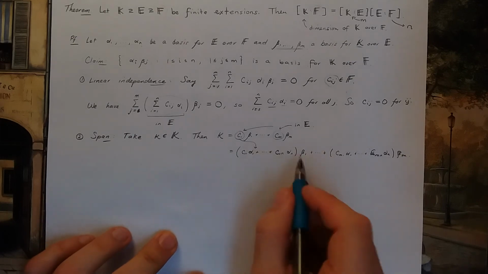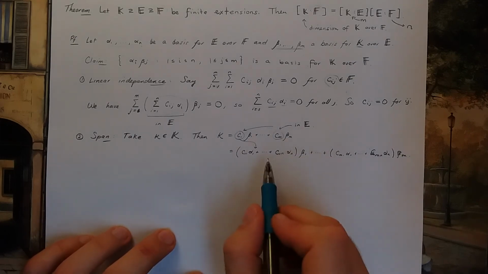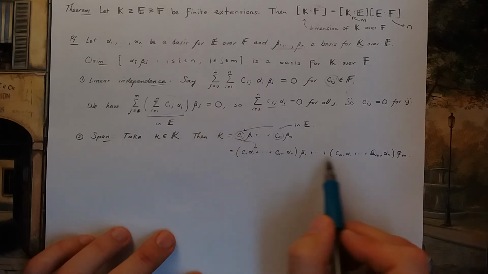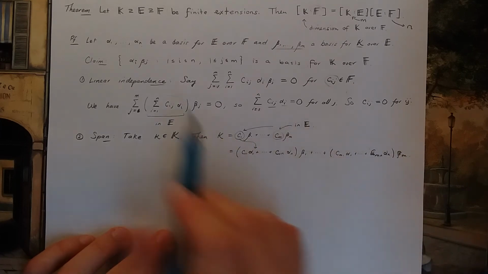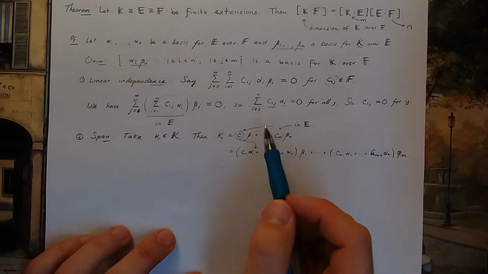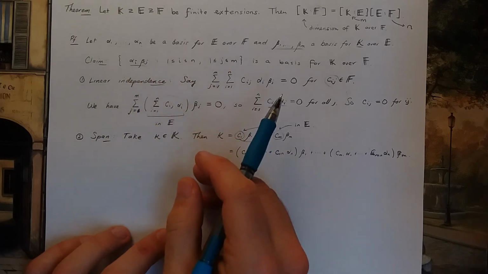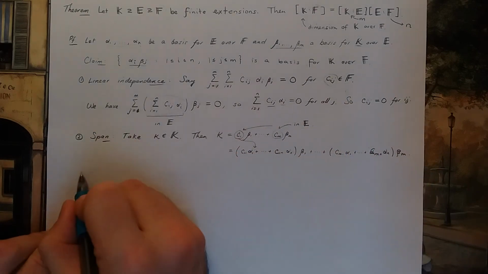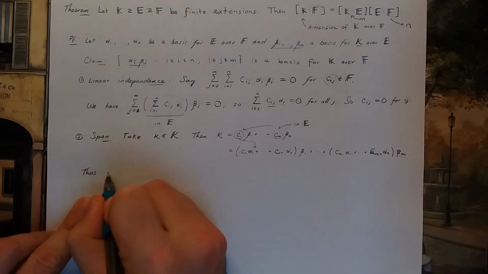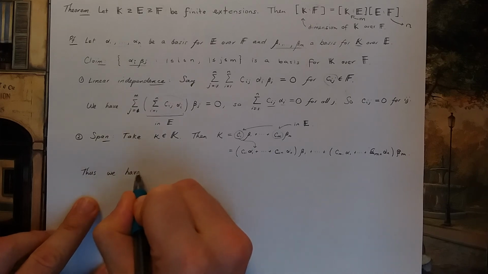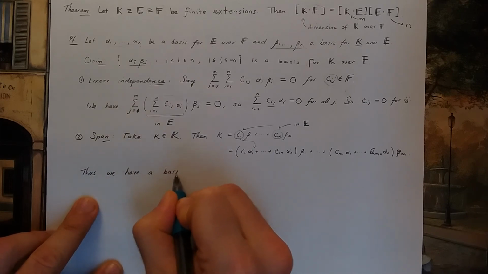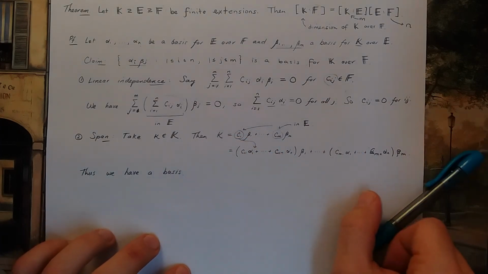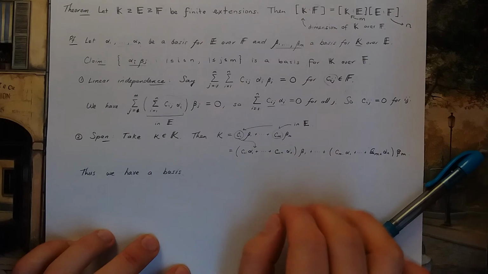And if you expand everything out, you indeed have k, a linear combination of terms in your potential basis. So that proves span. So now I've shown that they're linearly independent and they span, so I think I'm done. Thus, we have a basis. Okay, join me in my next video for nice examples of this theorem.